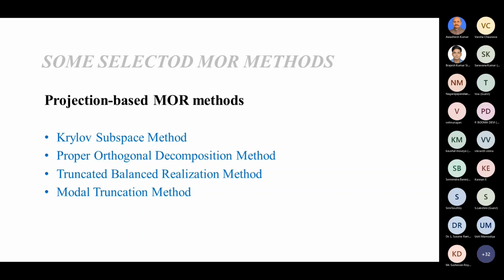Right, as I have earlier told you that there is an overlapping in the classification of methods. In the Krylov subspace method also we match time moments and Markov parameters, but it is reduction by projection. A higher order subspace is projected over a lower order subspace, right? And then we are able to determine a reduced order model.